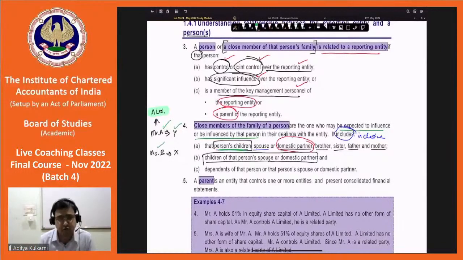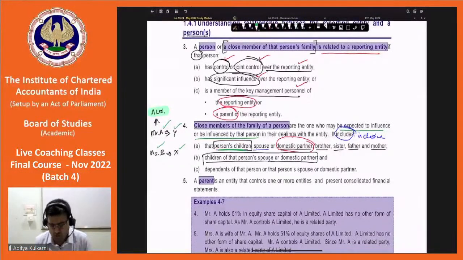Miss B is the spouse or domestic partner of Mr. A, so Miss B will be related. X is the child of the spouse or domestic partner, Miss B. And therefore X also will be related to the company A Limited. So this is the meaning of this sentence.